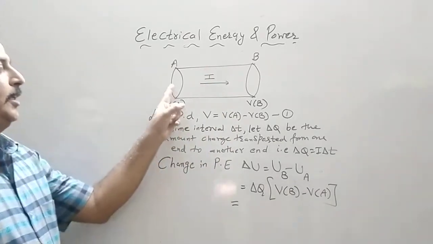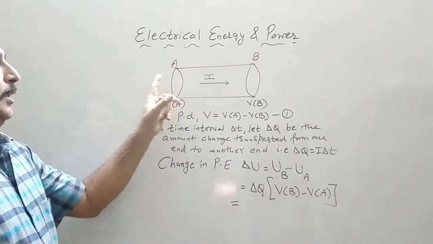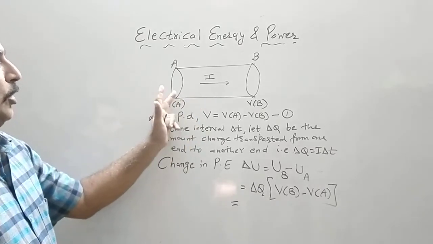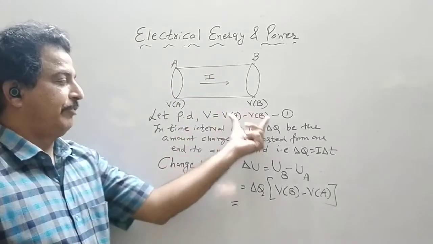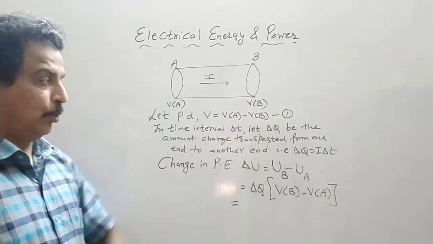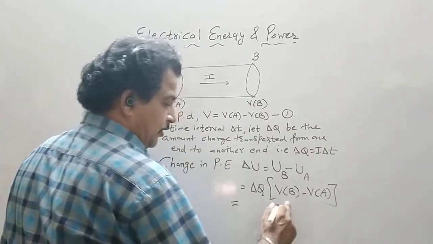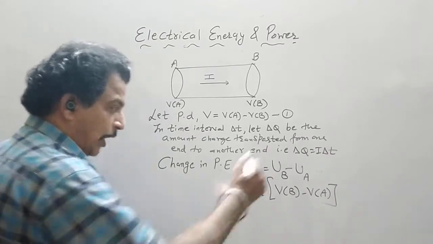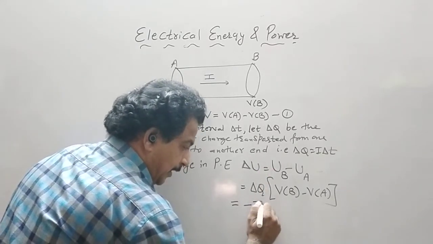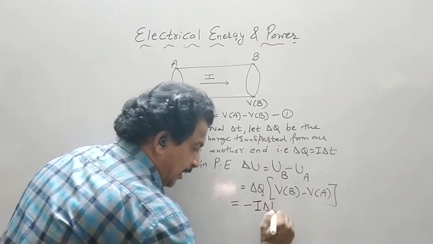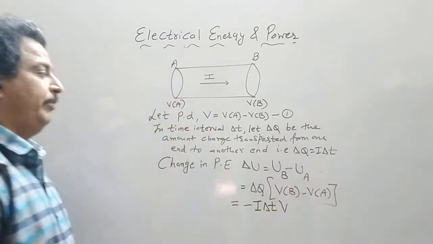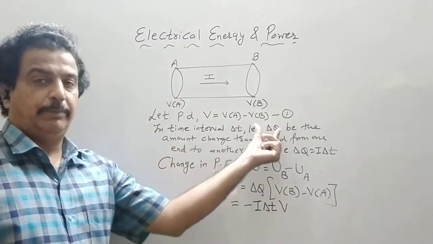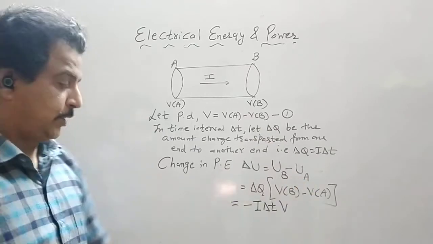Now we know that the current is flowing from high potential to low potential. So VA minus VB is greater than 0, and so VB minus VA should be less than 0. So I will write this as minus I delta T into V, where V is VA minus VB, and here we have VB minus VA.